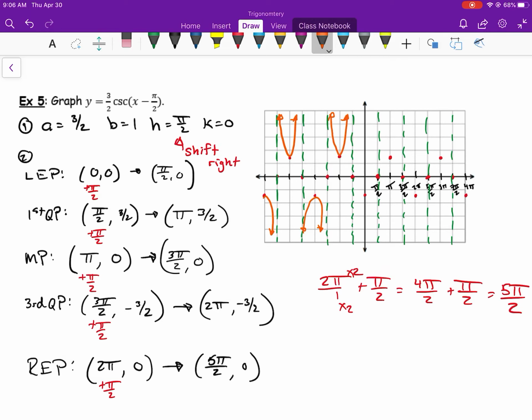Or if you're looking at the top half, it's every other one goes up like this. So skip 1, up, then we go down, down, down. Alright, so that's graphing cosecant. Remember to use sine to help you graph cosecant.